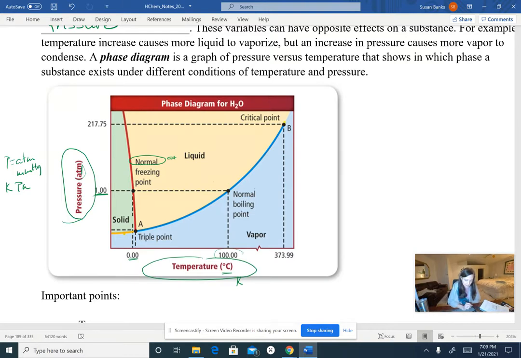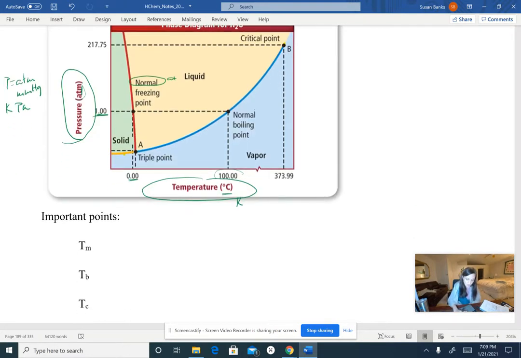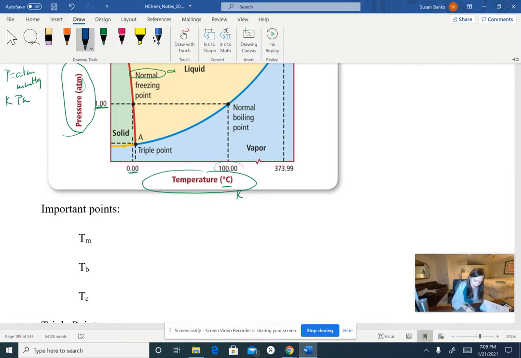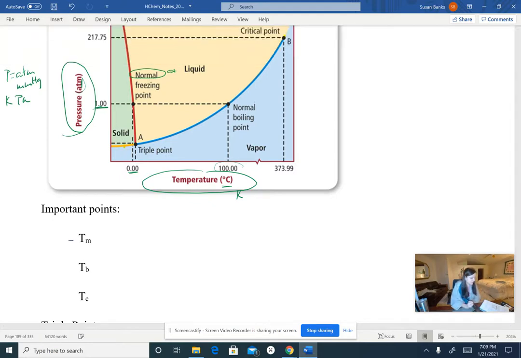Let's look at some of these points that are also really important. Important points on a phase diagram. We have our T sub m. This is our normal melting point. Now remember, normal means that we are at a pressure that is standard.